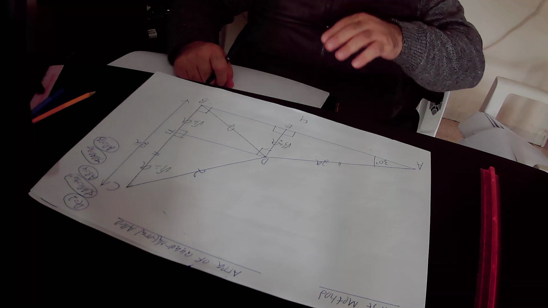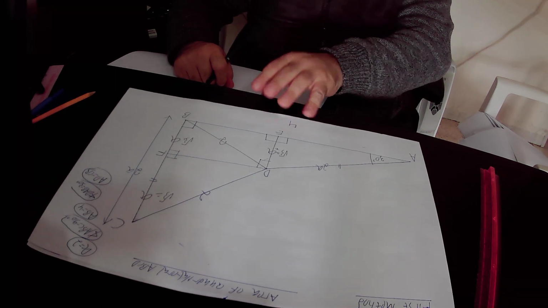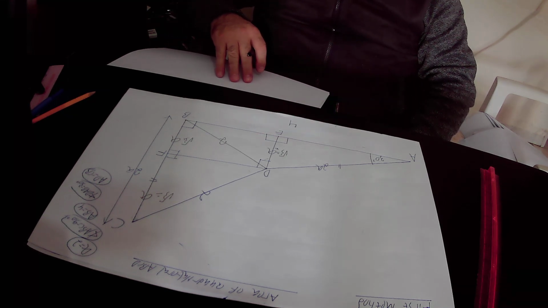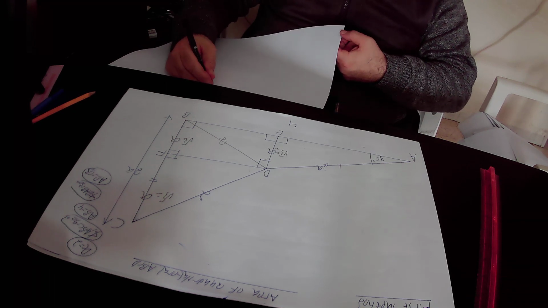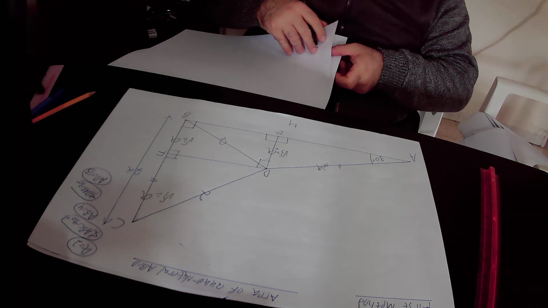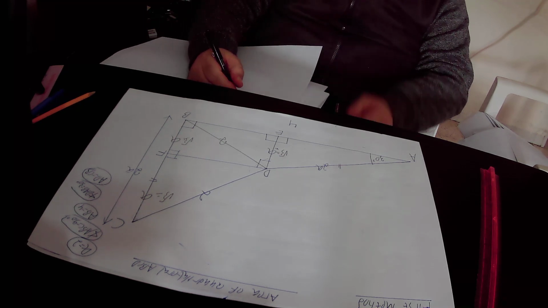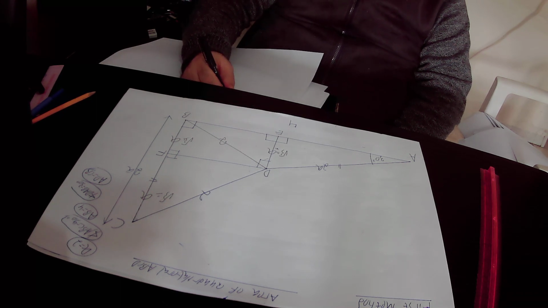Now we will focus on the right triangle, triangle DEB, this right triangle. And we will implement the Pythagoras theorem on this right triangle, triangle DEB.